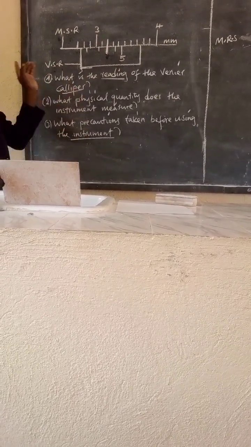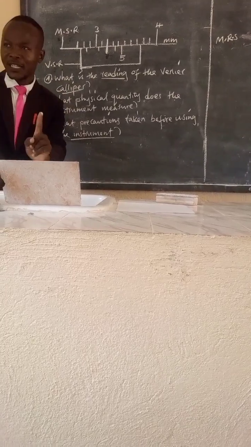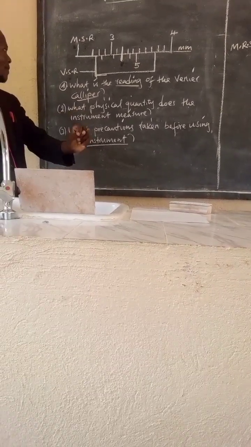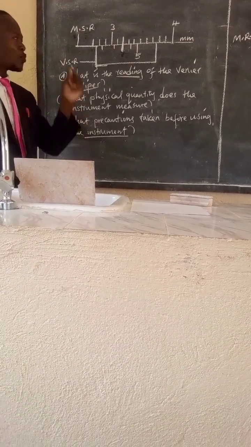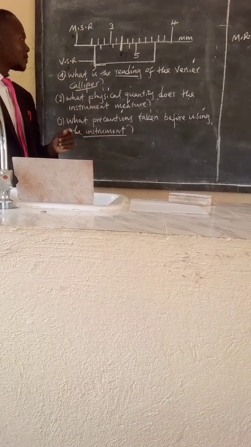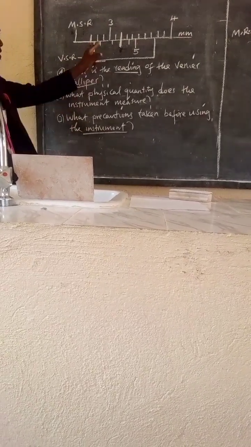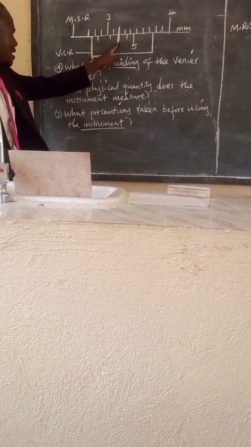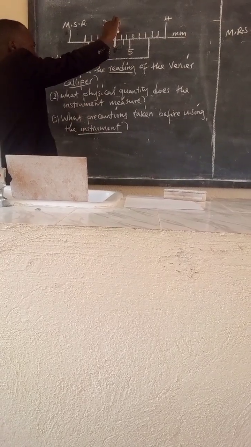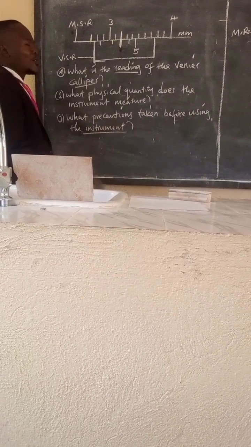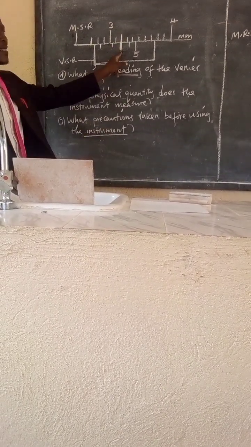So they are counting using 1 unit representing 1 unit. In this case, if this is 1, 2, 3, the line where both the vernier scale and the main scale are connected represents 3.